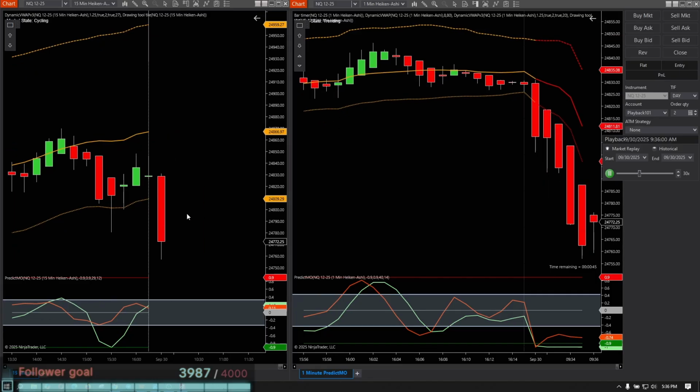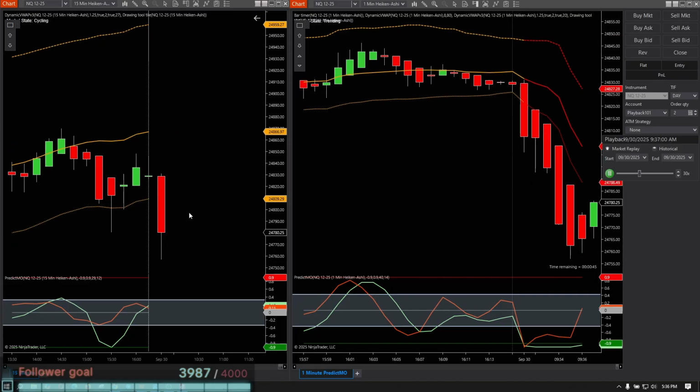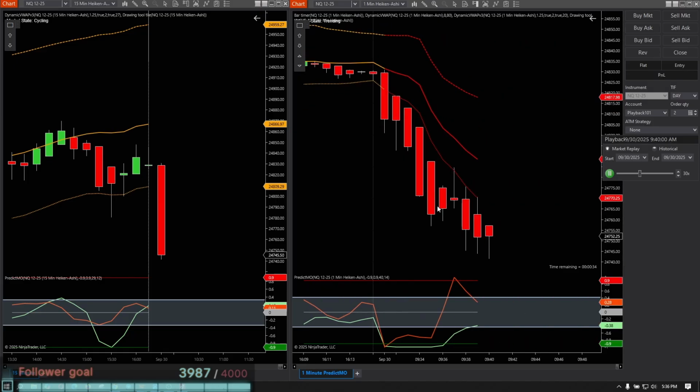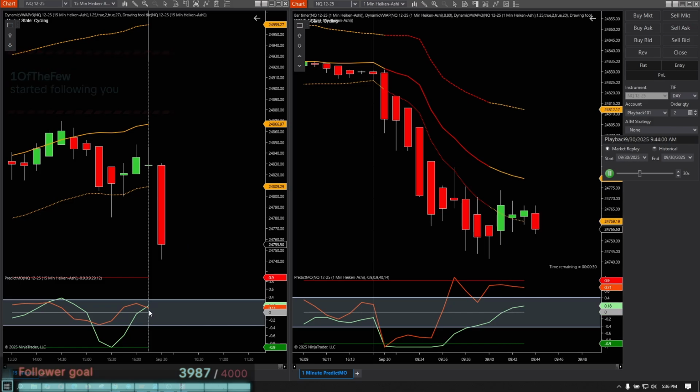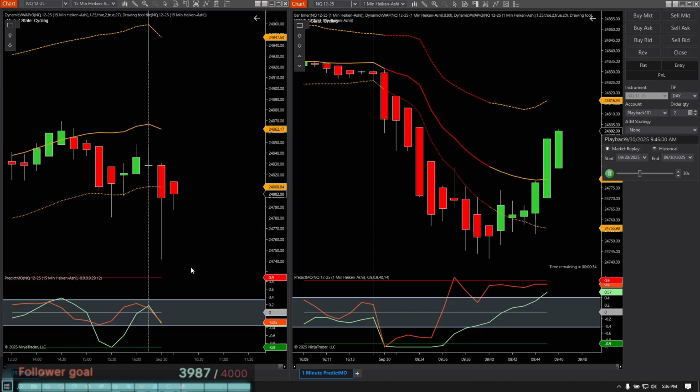The 1 minute chart is just going to run, and I'm going to ignore it for now. The focus is going to be on the 15-minute chart and on the signal generated by PredictMO. Once we have a signal by PredictMO that price is moving in a specific direction, I will tune over to the 1 minute and fine tune our execution.